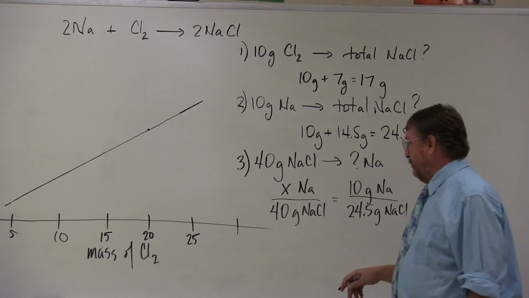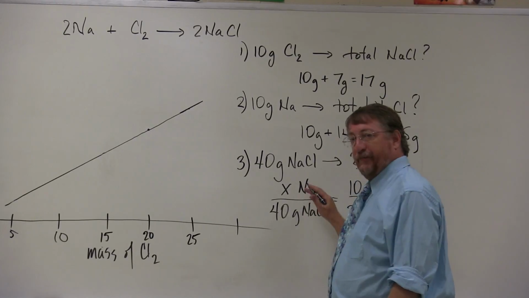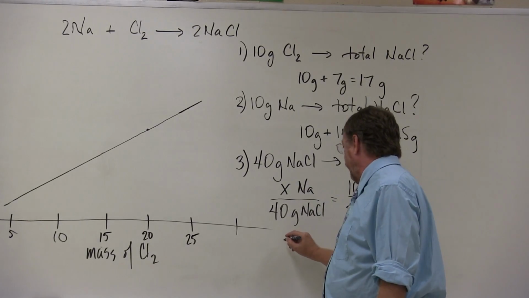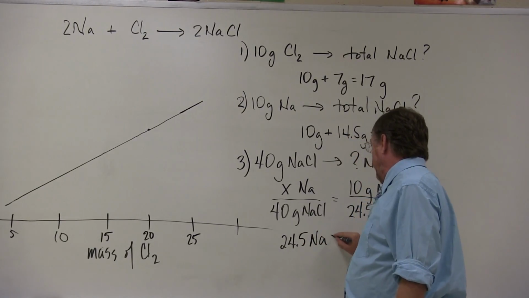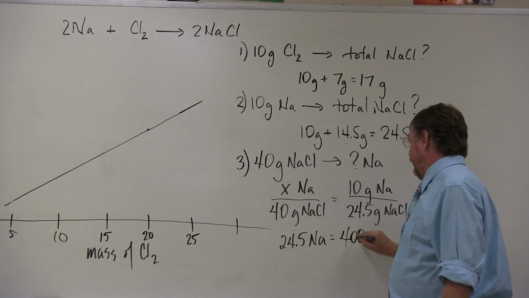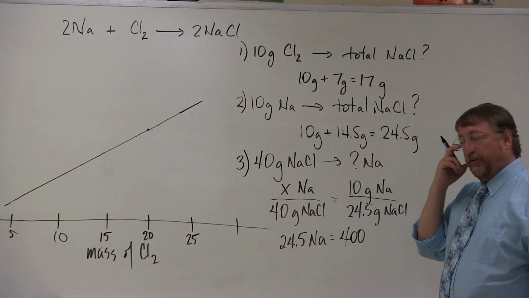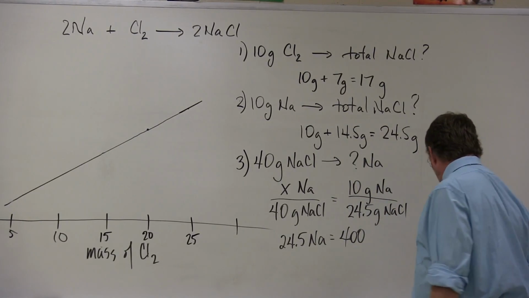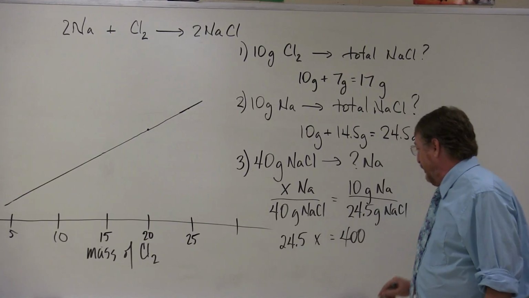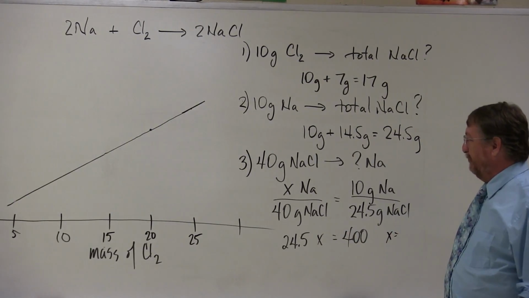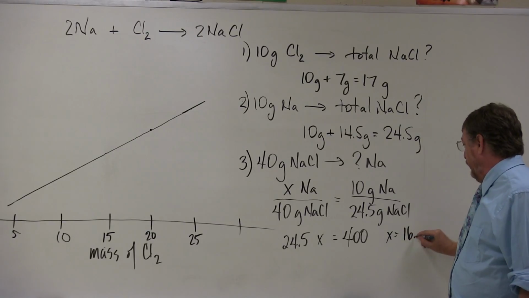I can cross multiply. So we're going to drop the unit and the Na off, but we know what we're finding. So I'm going to have 24.5 Na equals 400, 40 times 10. All I did was cross multiply. 24.5 X, X is Na. Then X is going to be equal to 16.3.